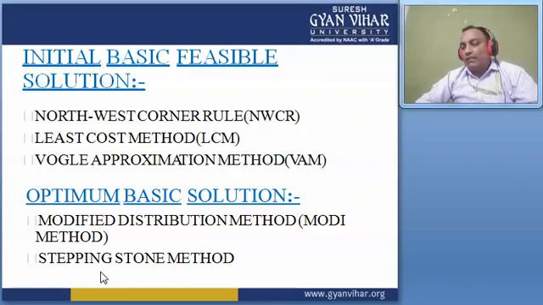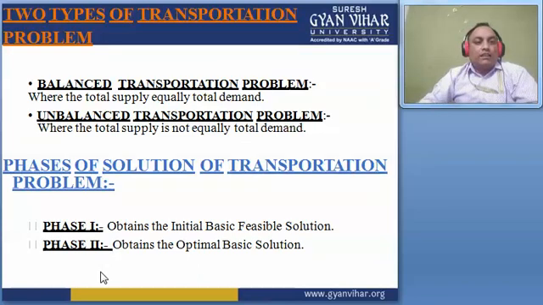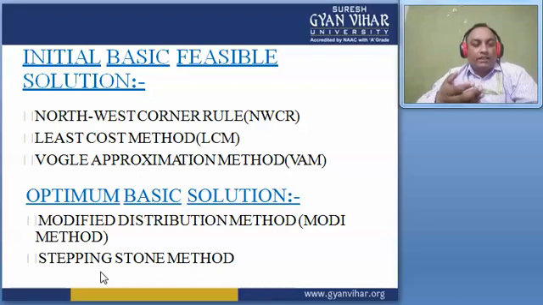For these two cases, different types of methods are used. According to the phase of solution of transportation problem, these are divided into two groups. First is initial basic feasible solution, and second is optimum basic solution. The first phase is divided into three types of method, and the second phase into two types of method.